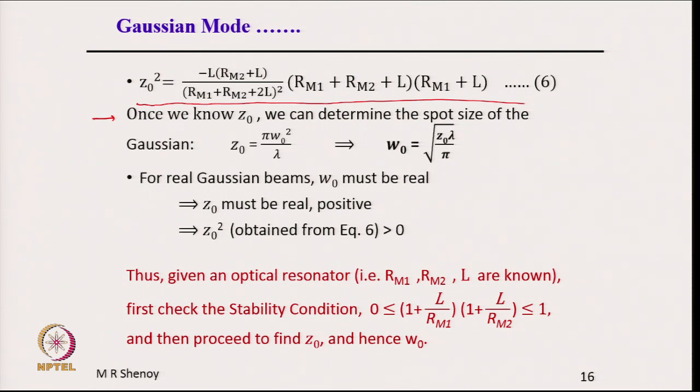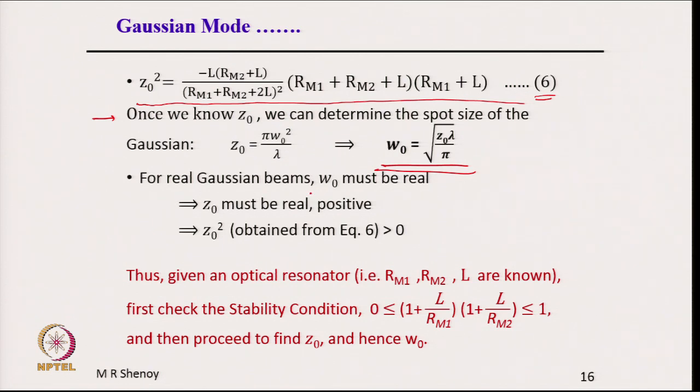If you know the spot size of the Gaussian, then you know the Gaussian. So, Z naught is equal to pi W 0 square by lambda, or W 0 is given by this expression. So, given a resonator, equation 6 tells you what is Z naught square, and if you know Z naught, then you can calculate the spot size of the Gaussian.